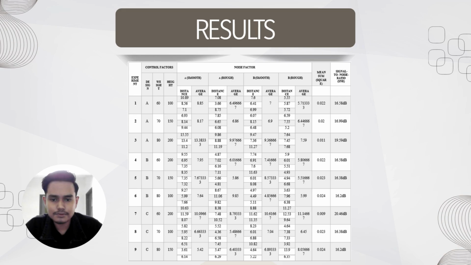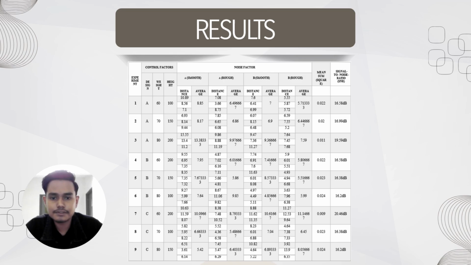And the weight is also 60, 70, 80. And for design C, we also reorganize the height structure, which is the first one is 200, and then 100, and lastly 150. So that makes a total of 9 experimental runs.